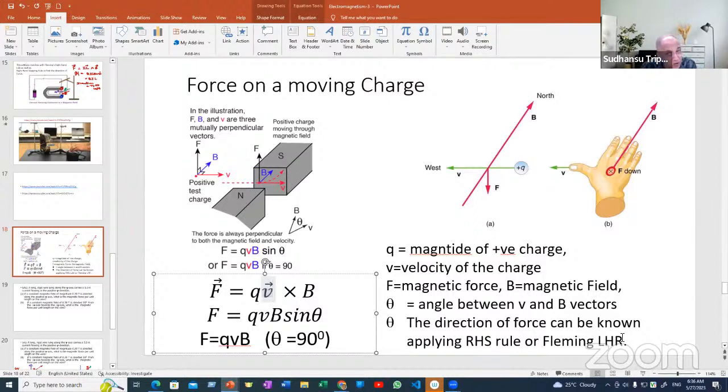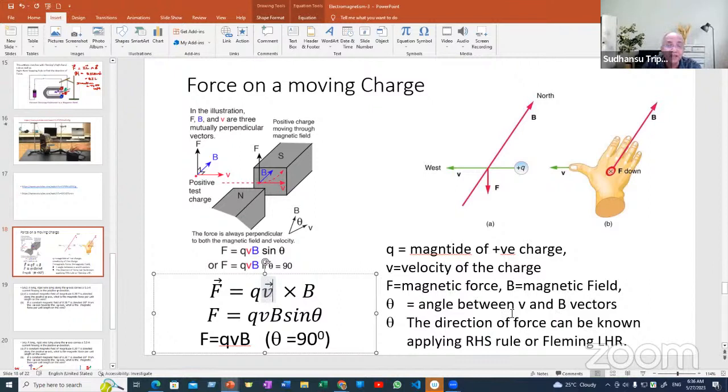This time you always take a positive charge. If you take a negative charge, then in whichever direction it is really moving, draw the vector in the opposite direction. That is the direction of the motion of the positive charge. Right? Always the Fleming rules are based on the movement of positive charge.